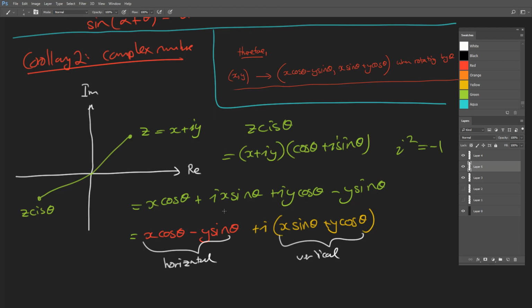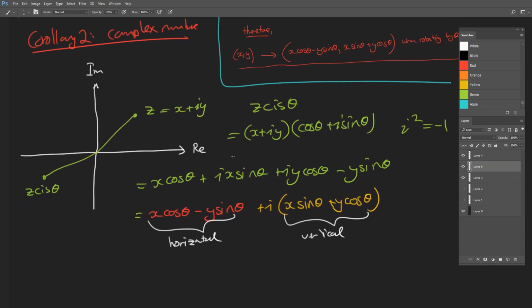But hang on, this is exactly what we have over here: x cos theta minus y sine theta, and x sine theta plus y cos theta, which means, therefore, geometrically, this is a rotation, just like before.